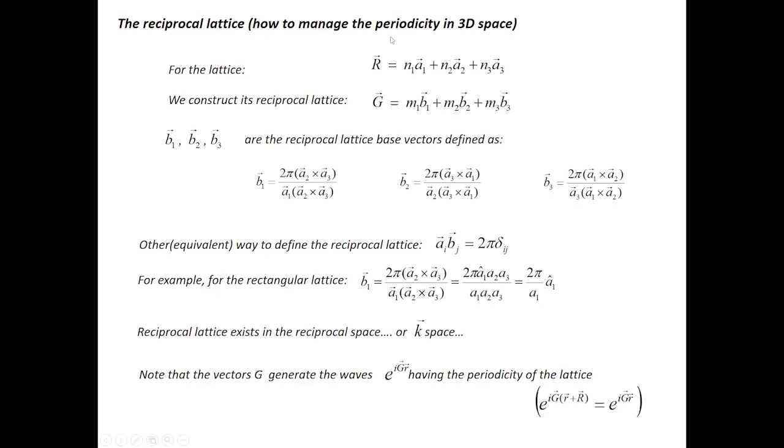This is in real space. This reciprocal lattice reflects the periodicity of the lattice.